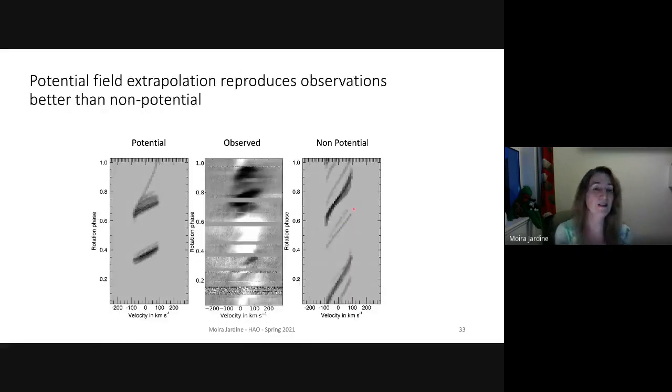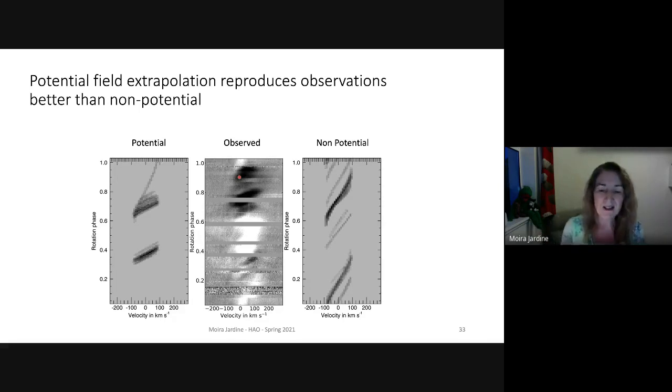And indeed, the predicted H-alpha dynamic spectra are very different too. So in the middle, we have the observations. On the left is the prediction from a potential field extrapolation, which you see recovers this feature and this one, although it fails to recover this one. The non-potential field extrapolation is quite different and is not a good match to the data.